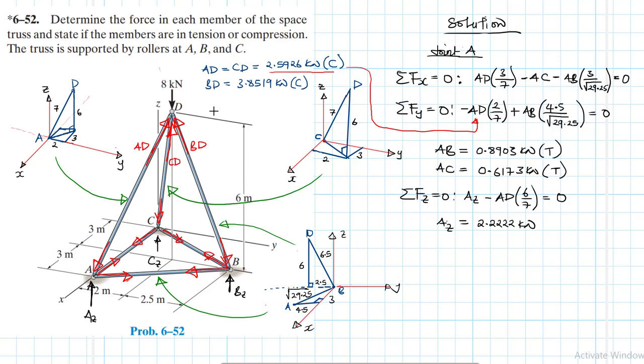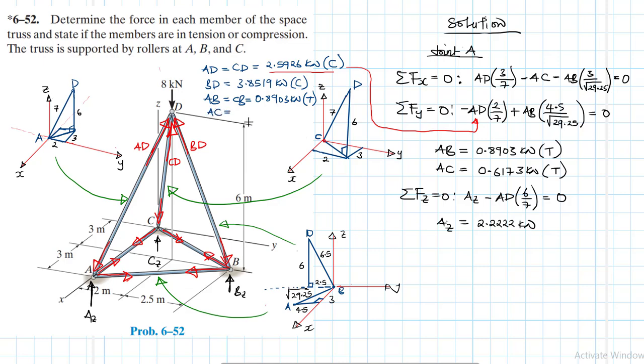So we have AB. Where is AB? We said AB is equal to CB. AB and CB, these ones are equal, and we found this to be equal to 0.8903 kilonewtons, and this is in tension. Okay, and then we also found what AC is.